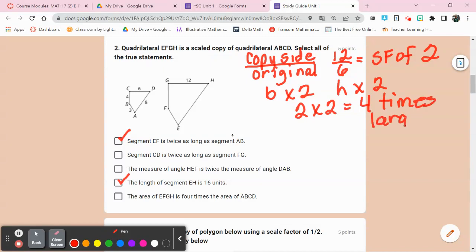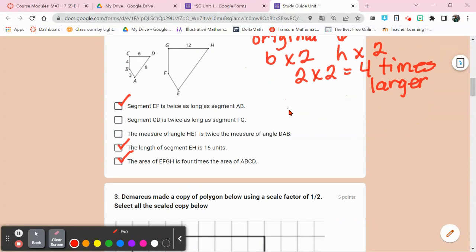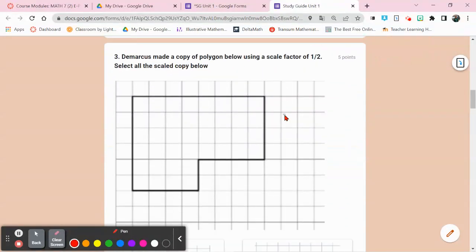So in this case, that is true, but it might not be on the test. So make sure you take your scale factor times itself 2 times. All right, you don't just pick them. They might not be the same answers on the test. Hint, hint. All right, question 3.